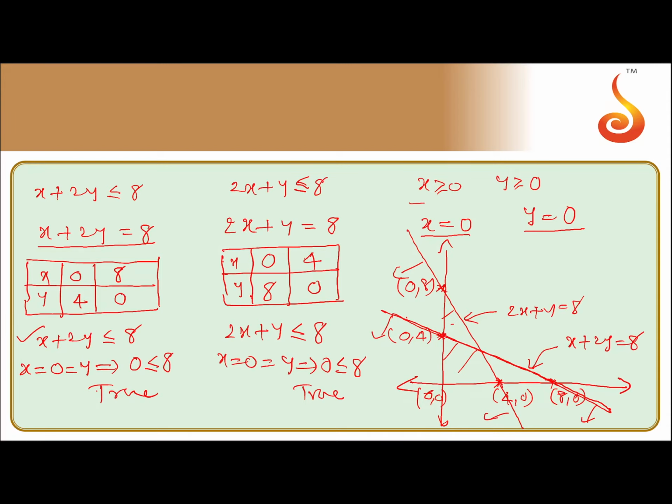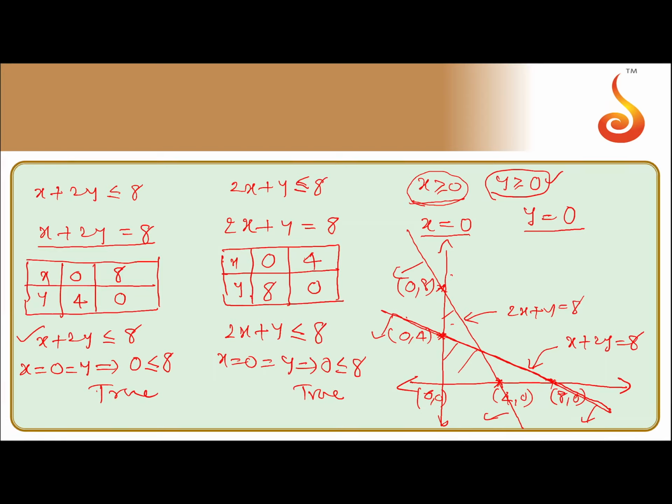But x greater than or equal to 0 means the right side of the y-axis, and y greater than or equal to 0 means above the x-axis. It means together x positive, y positive comes under the first quadrant. So therefore, the common portion is like this one.